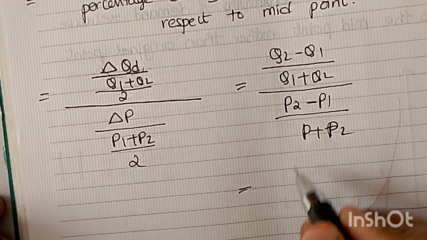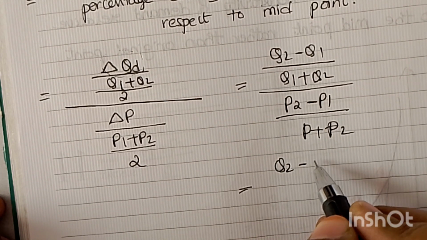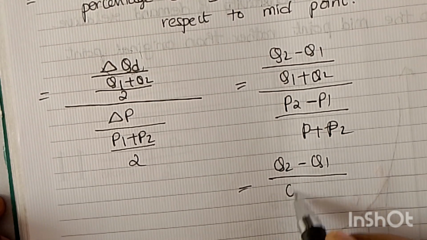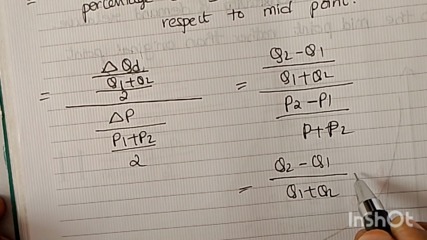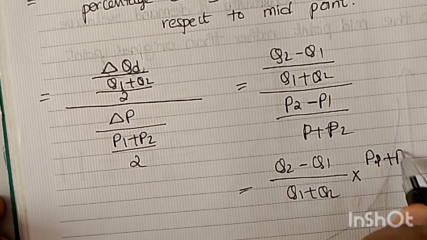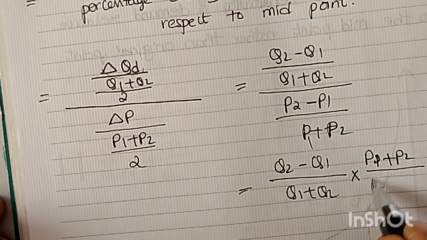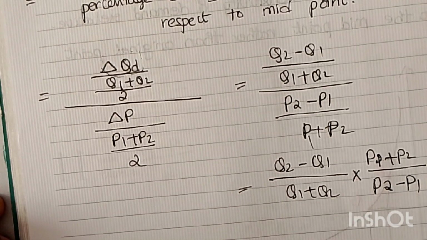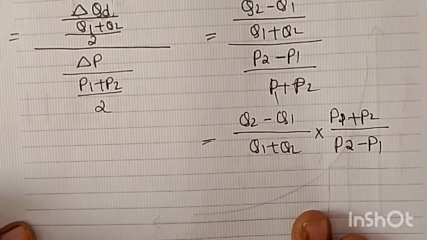So we get Q2 minus Q1 by Q1 plus Q2 into P1 plus P2 by P2 minus P1. Okay, so this is the formula for arc elasticity.